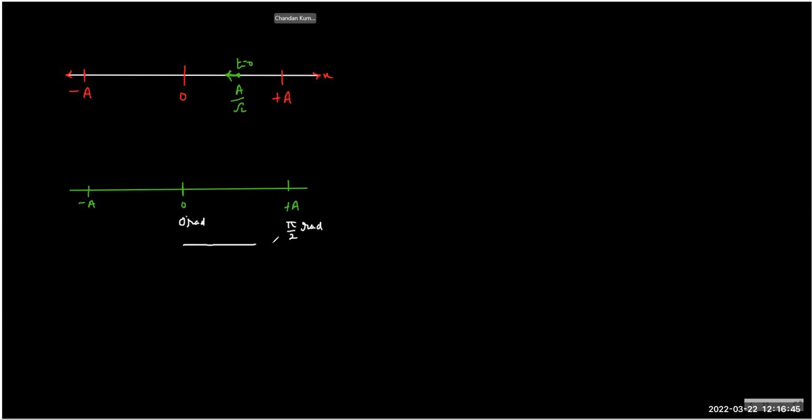When you go from here to here, you go from 0 to pi by 2. When you return back, this is pi by 2 to pi. When you go from here to here, it is pi to 3 pi by 2. And when we go from here to here, this is 3 pi by 2 to 2 pi. And this is the end of the journey.